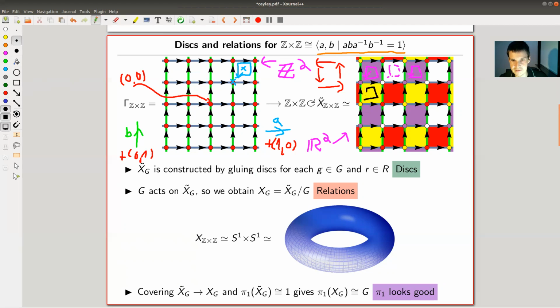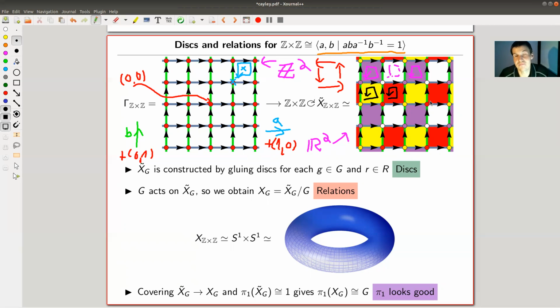So this yellow one here, and for the red one, you would include this red one. So for each vertex, you glue in exactly one disk, right? That's good. Take every vertex, take every relation, apply every relation to every vertex, and for each of those things, you glue in a disk. You want to kill all possible relations in this new complex.